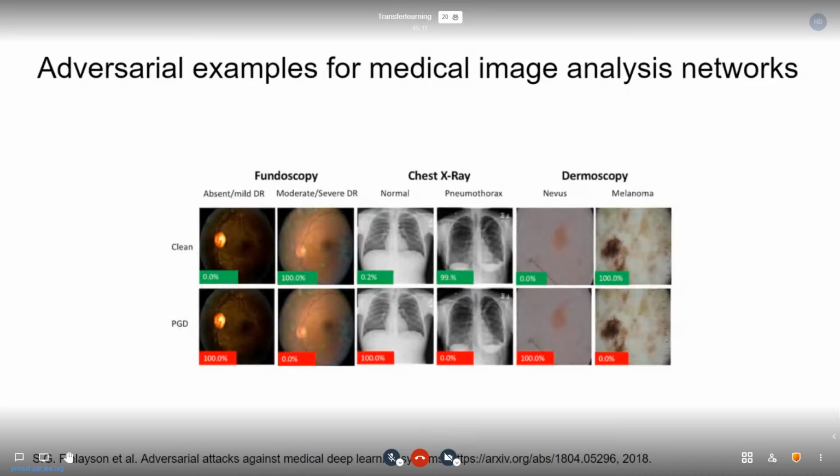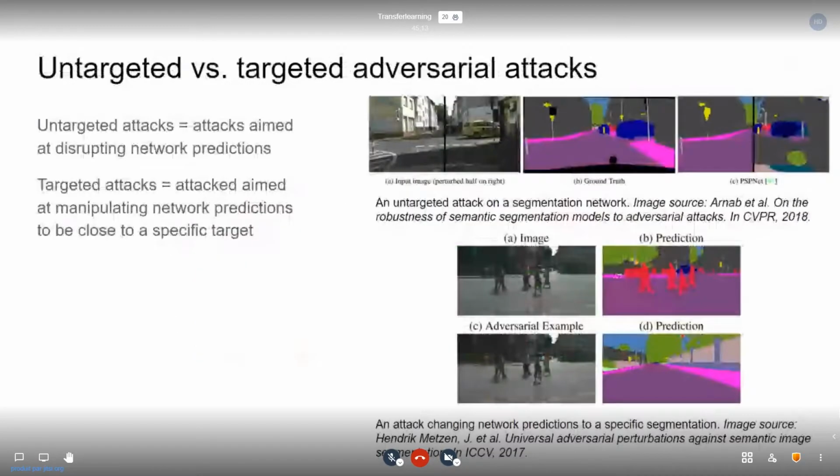There are very many different types of adversarial attacks, and one way to categorize them is into untargeted versus targeted. An untargeted attack is an attack that simply tries to disrupt the network predictions.